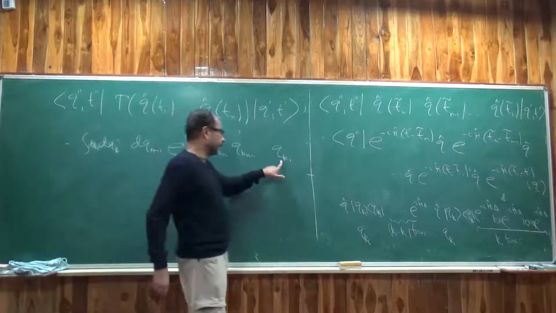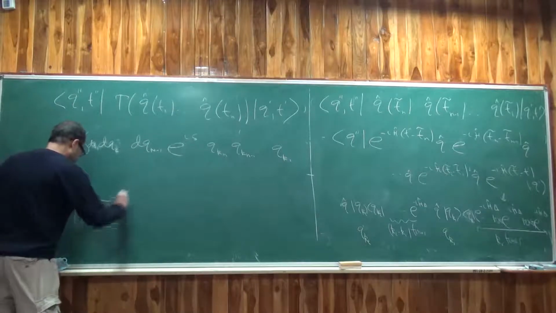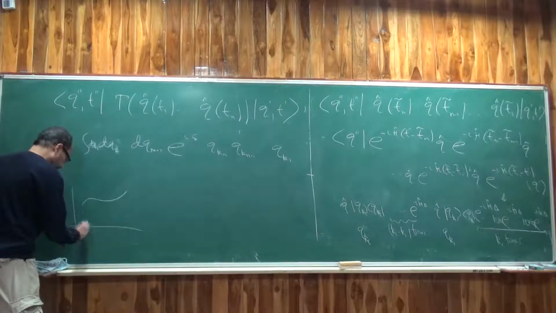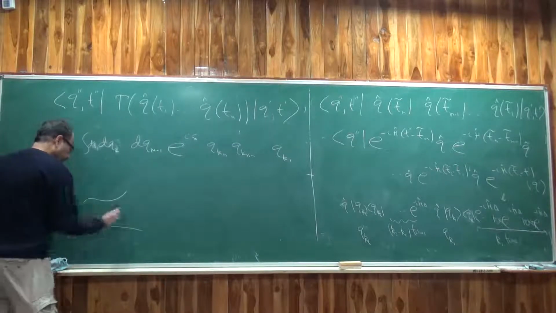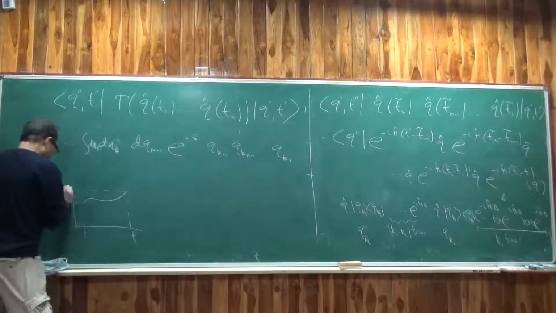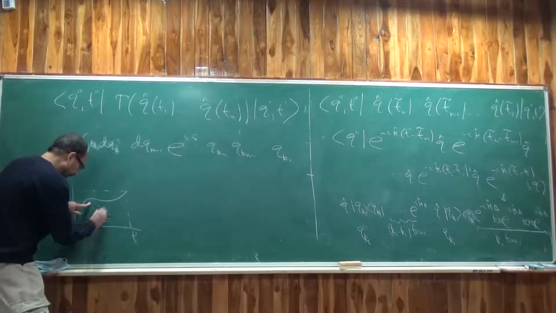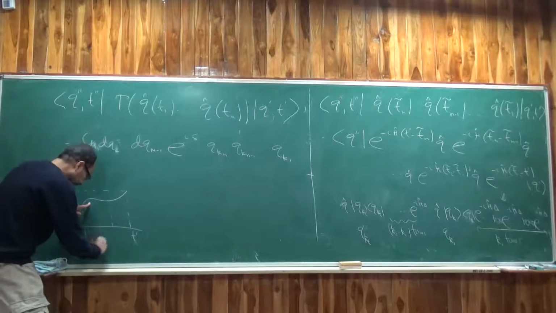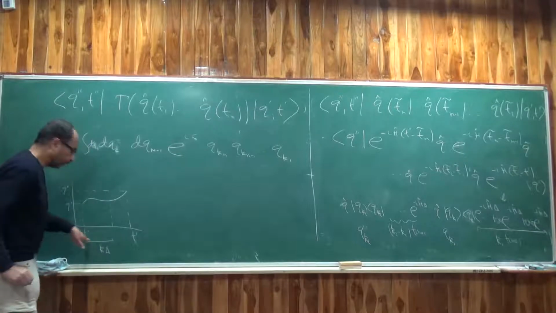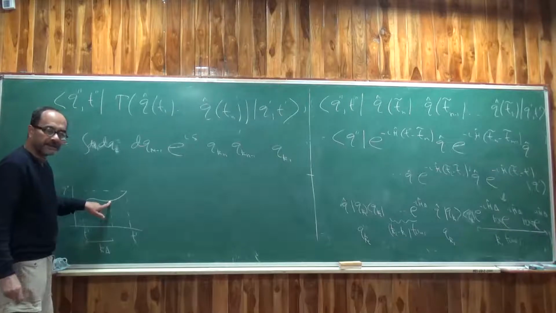But what is q k1? If you look at this picture again, what is qk? Qk means that you have gone k delta from t prime, and the value of q that you get here is qk.